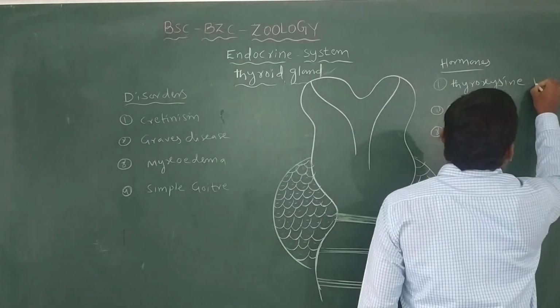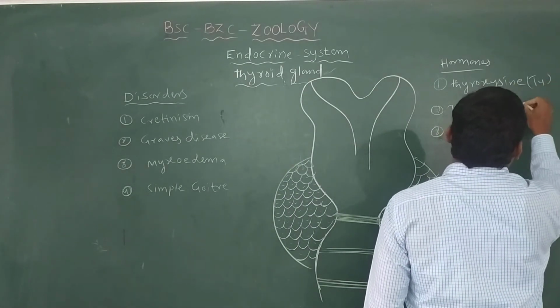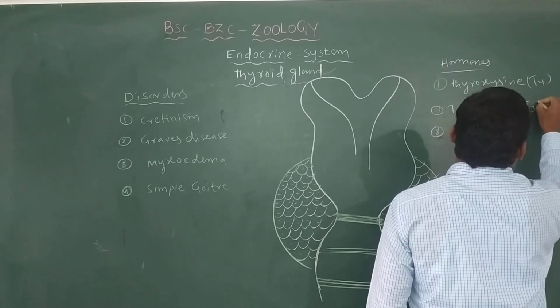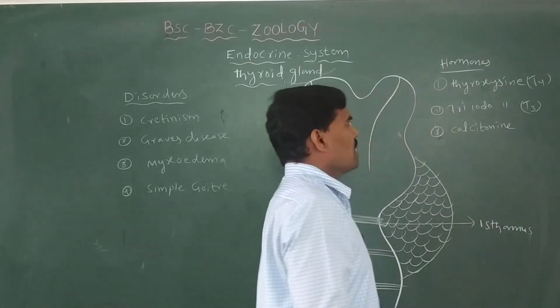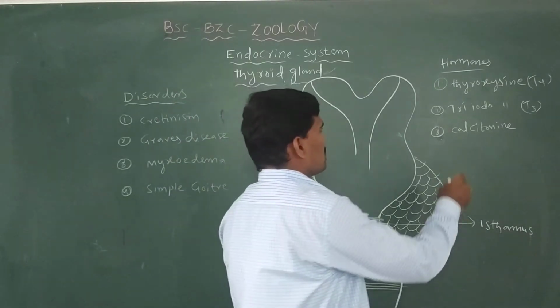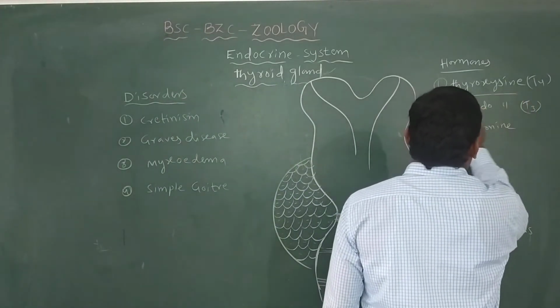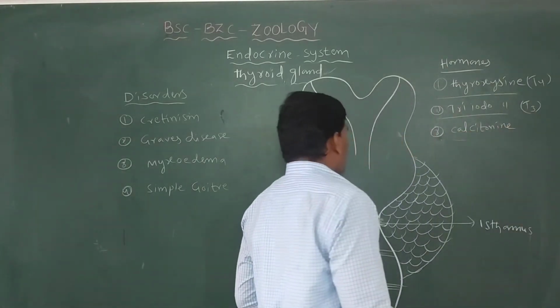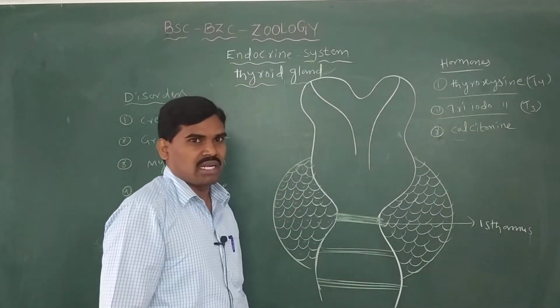Simply, T4 and T3 hormones, and calcitonin hormone. These are the three types of hormones secreted by the thyroid gland.